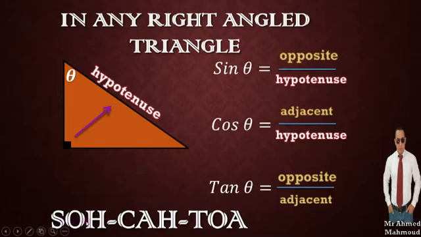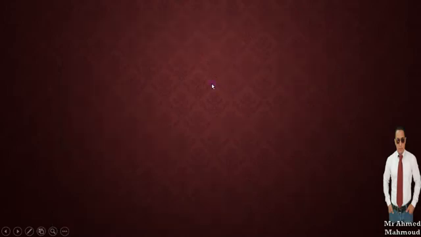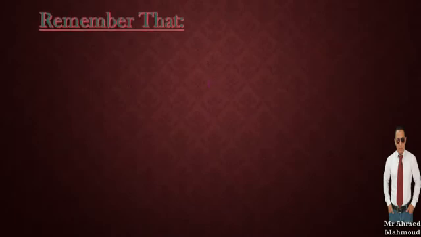SOH: sine opposite hypotenuse. CAH: cosine adjacent hypotenuse. TOA: tan opposite adjacent. It helps for studying these ratios.